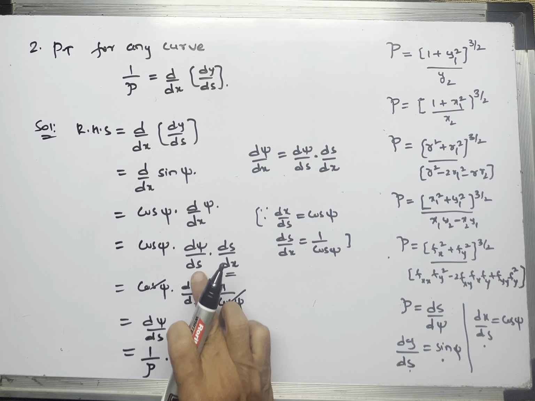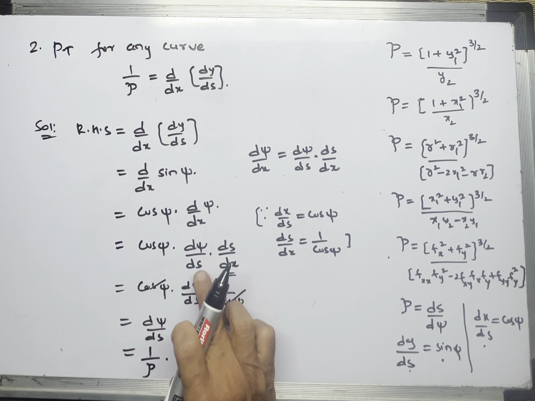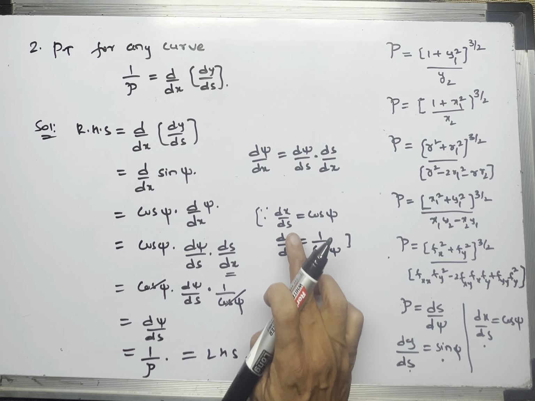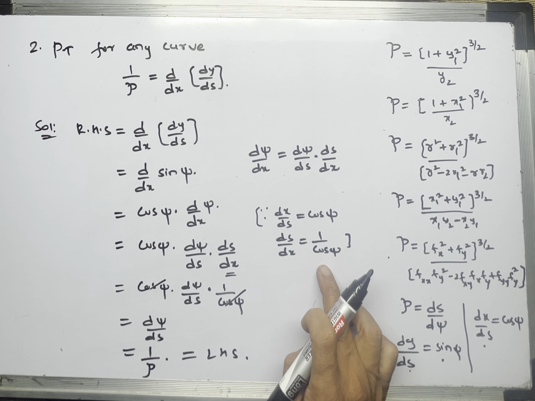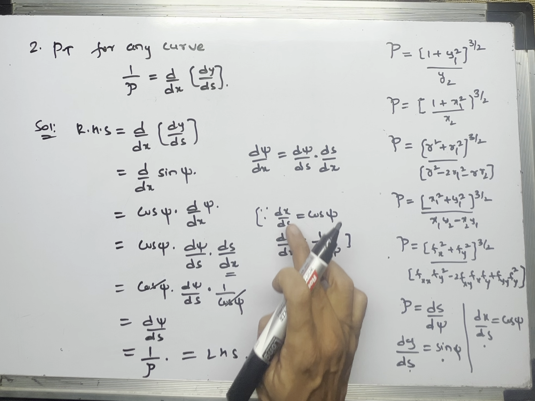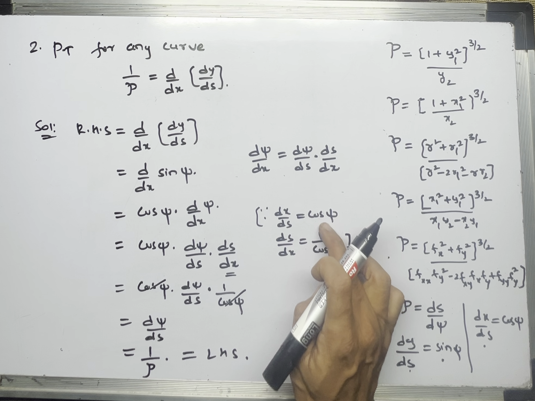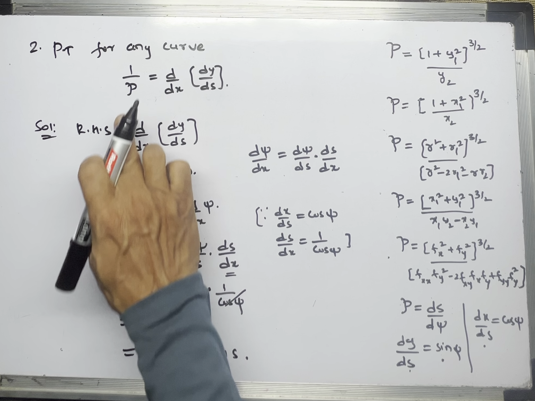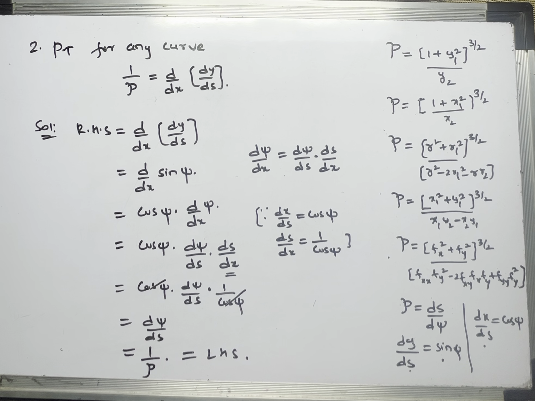To get that, multiply and divide by ds, so that we have d psi by ds into ds by dx. The value of ds by dx is 1 by cos psi, because dx by ds is cos psi; reversing it gives the reciprocal. Substitute, cancel, and whatever remains represents 1 by r.